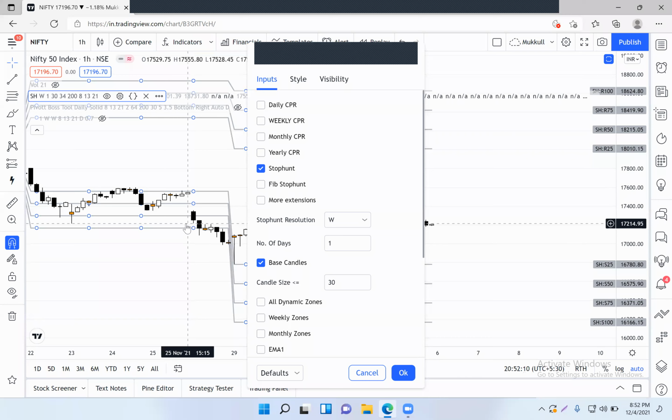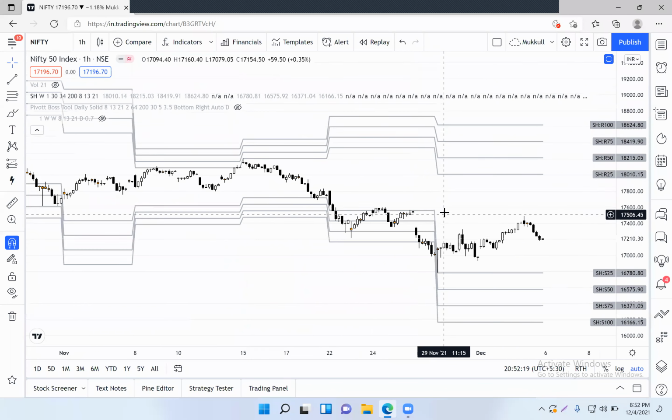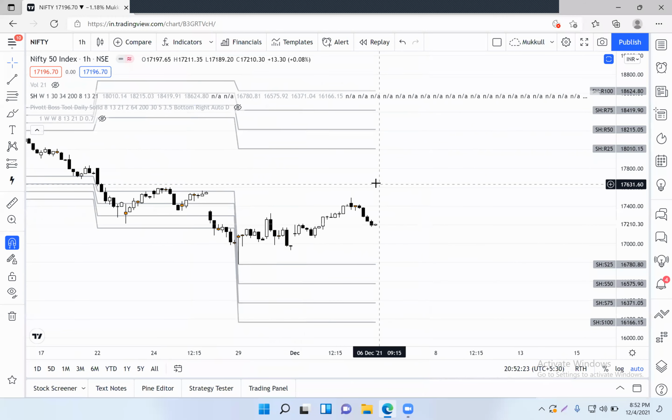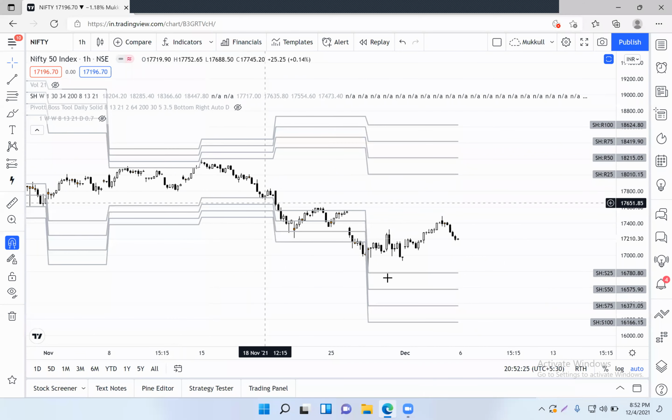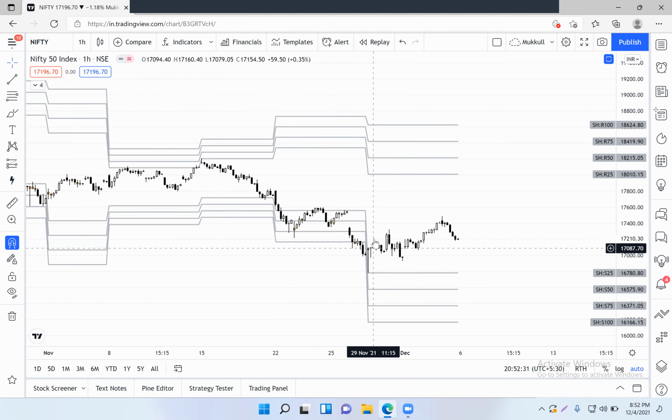You would not get good entries, correct? So keep that in mind. So let's see if there is some action happening on weekly. If you see here, our first condition is somewhere what I see here. Nifty is down since 2 days, right?